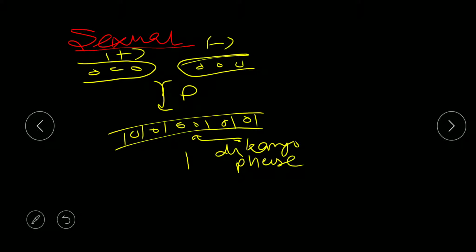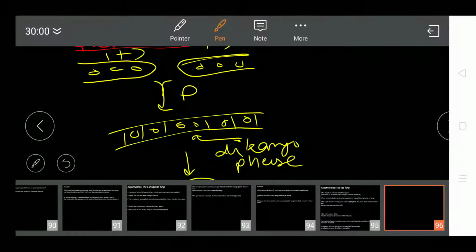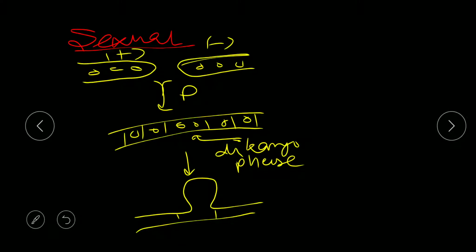Now this dikaryophase will develop an ascus. Two nuclei move here, and this is known as the ascus.